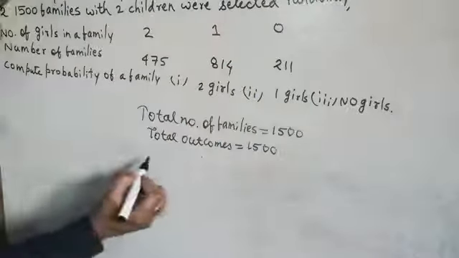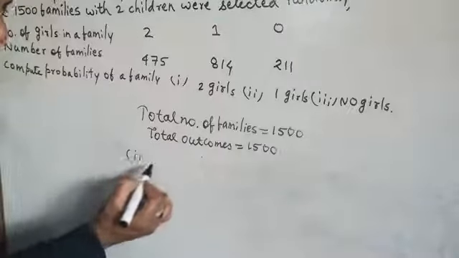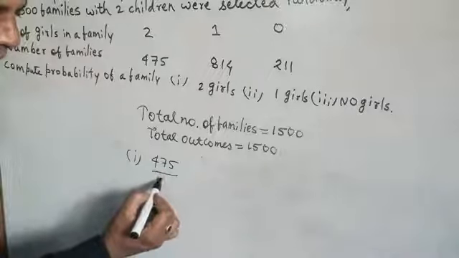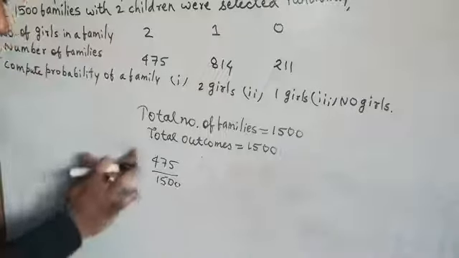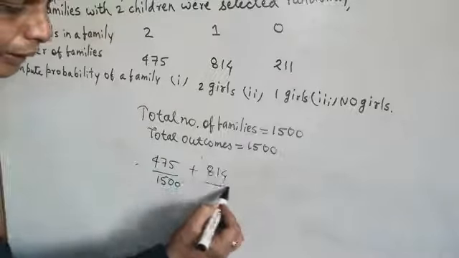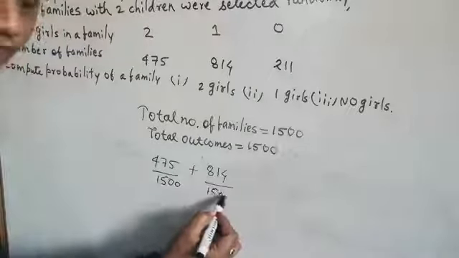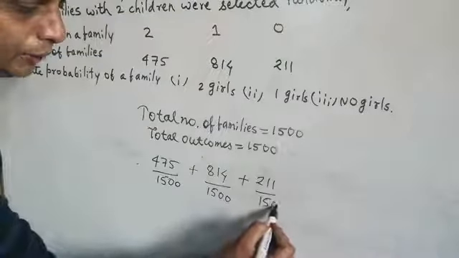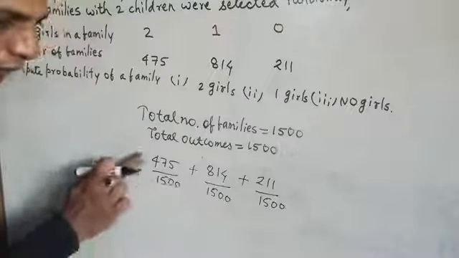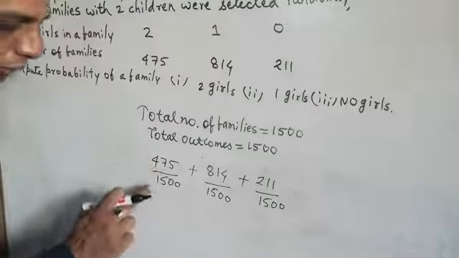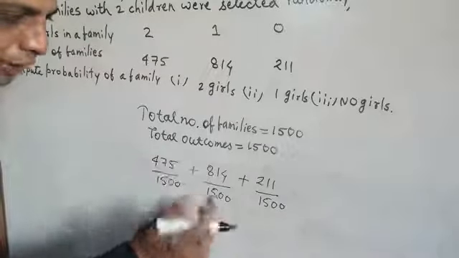In the first case we got probability 475 upon 1500, in the next case 814 upon 1500, and in the next case 211 upon 1500. I am using the numbers without cancellation because it is easy to add.